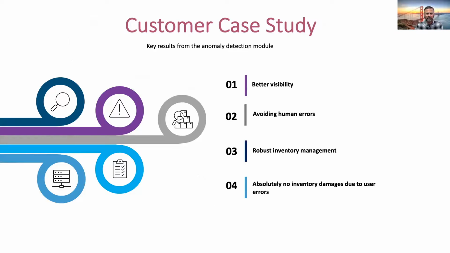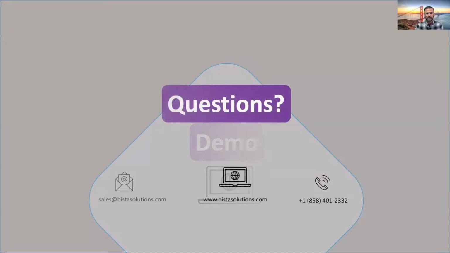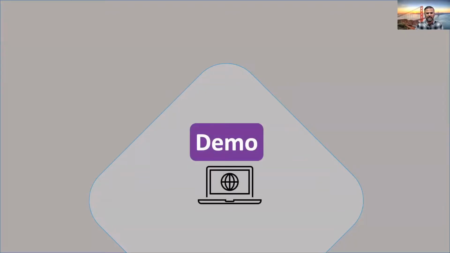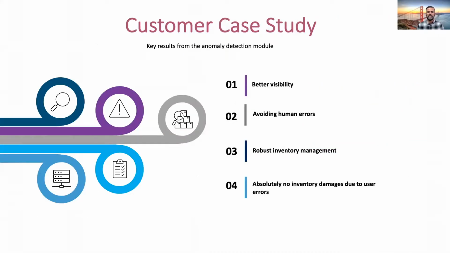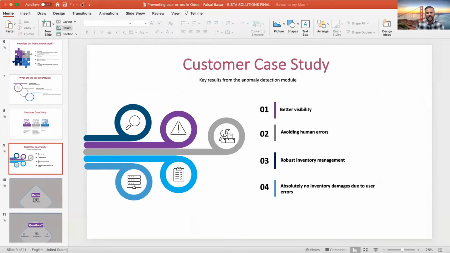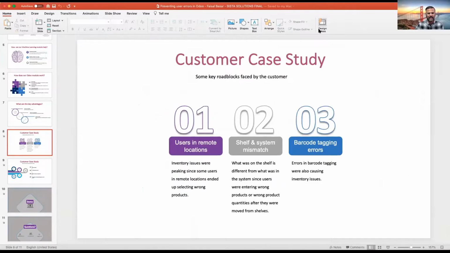And how did we get to this? Sorry, I just skipped some slides. So just talking about a case study here. This is one of our customers where we implemented Odoo.